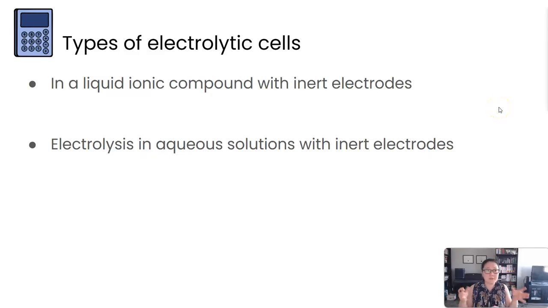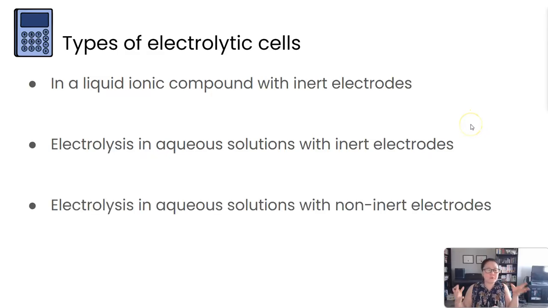The second type is when you take your ionic compound and dissolve it into water, you have an aqueous solution, and then you stick some inert electrodes in there. The third type is take it, dissolve it into water, and then you use non-inert electrodes. So the electrodes themselves might react.